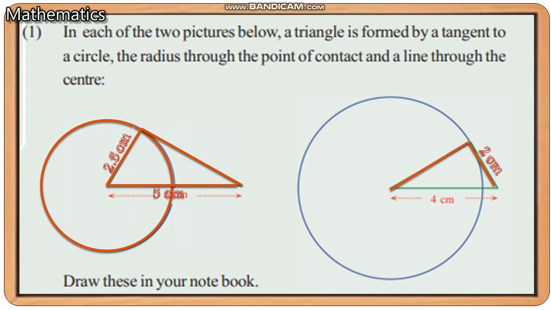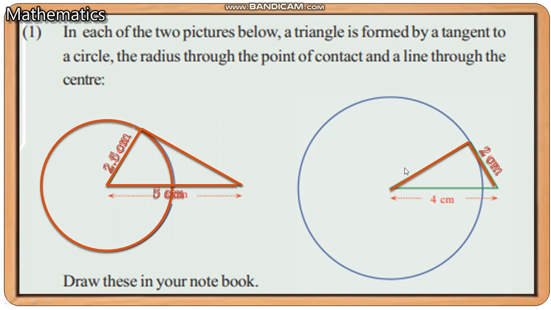One more thing is given: this line from the center to the outer point of the tangent is 4 centimeters. We don't know where the center of the circle is now. So you may take 4 centimeter in your compass, keep the sharp point of your compass at this point, and draw an arc here.